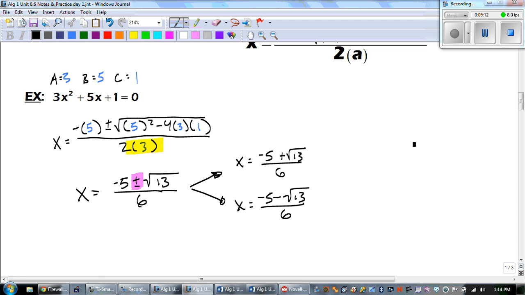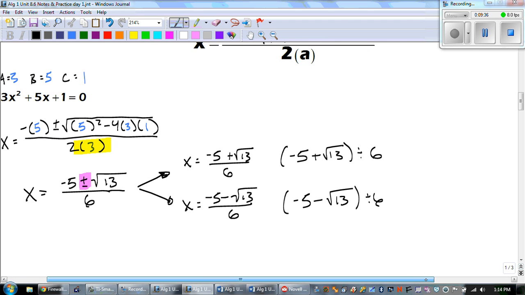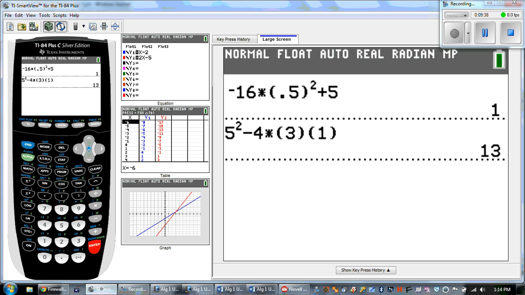Now, if you're going to plug this directly into your calculator, we would do in parentheses -5 plus the square root of 13, divided by 6. And then we would do the same thing, -5 minus the square root of 13 in parentheses, divided by 6.